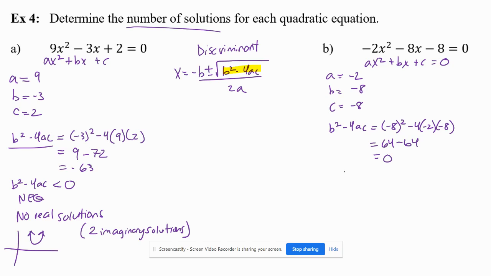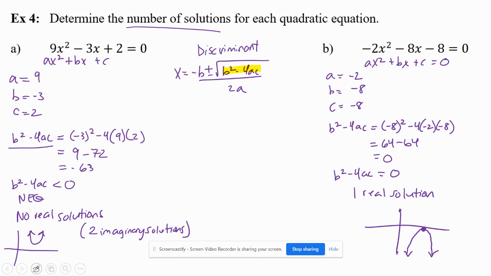Now, when your discriminant, when b squared minus 4ac is exactly 0, that means that there will be one real solution. Which means roughly if we were to graph it, it would look something like this. Pretend it touches right there. It would only have 1 point of intersection with the x-axis, so that means that there's only one real solution.